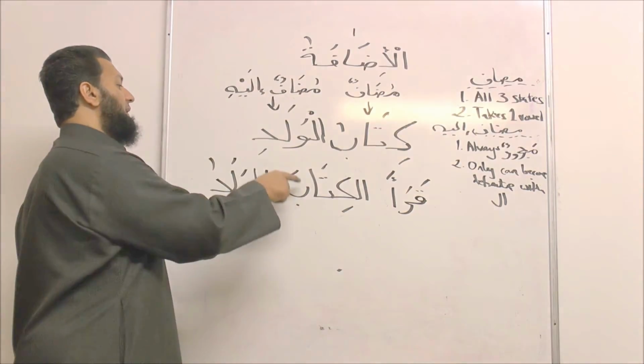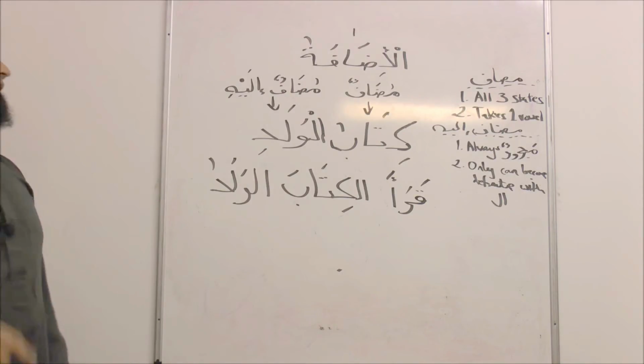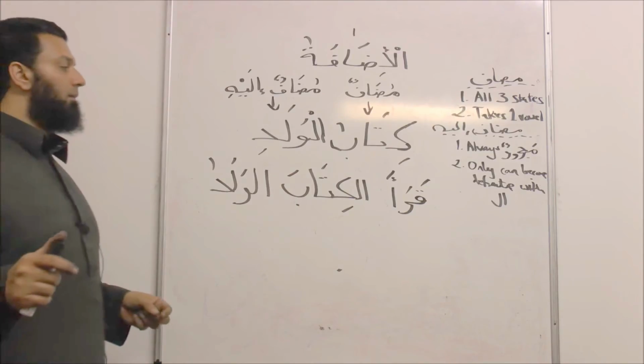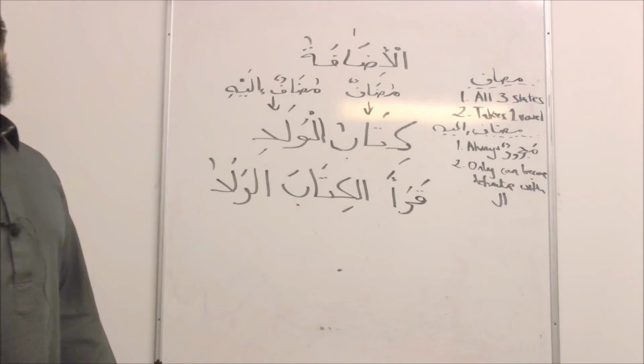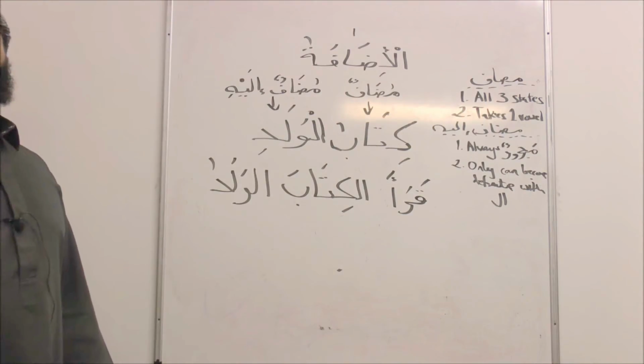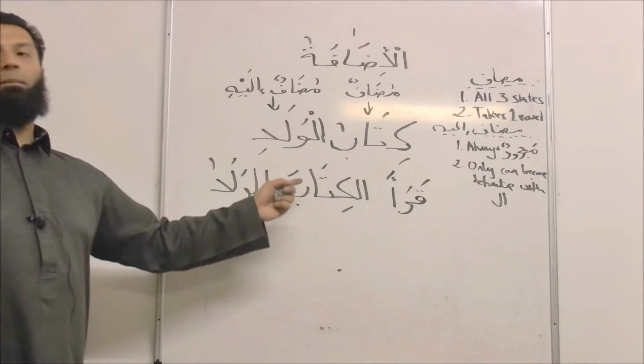Qara'a al-kitaba al-waladu. What does this sentence now say? He read the book. Waladu, the boy. The boy read the book.